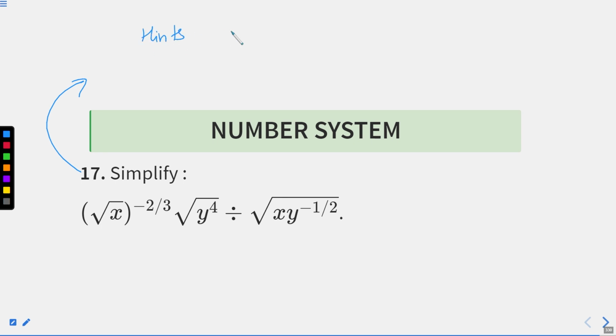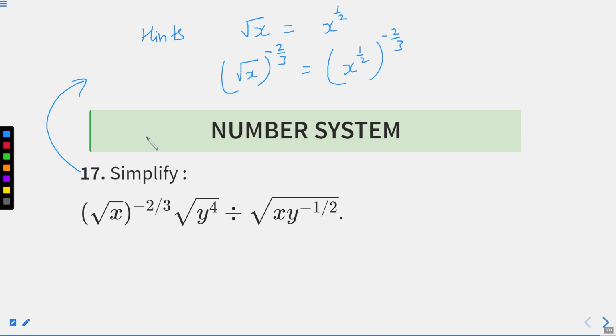Okay, hints. So root x, we know, is x power 1 by 2. And root x power minus 2 by 3 is equal to x power 1 by 2, whole power minus 2 by 3.